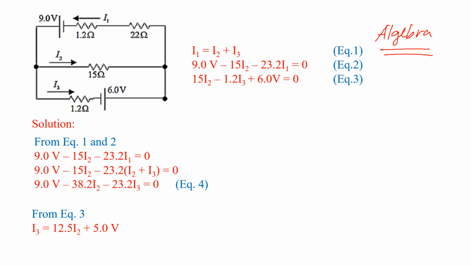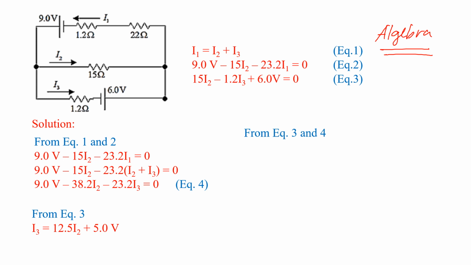And from equation 3, I just rewrote your equation 3 in another form, such that I take out your I3. And from equation 3, your I3 is equal to 12.5 I2 plus 5 volts. So you can try it yourselves. I just rewrote your equation 3 in such a way that I took out your I3 out of the equation.